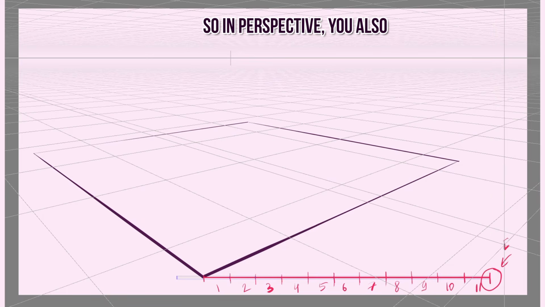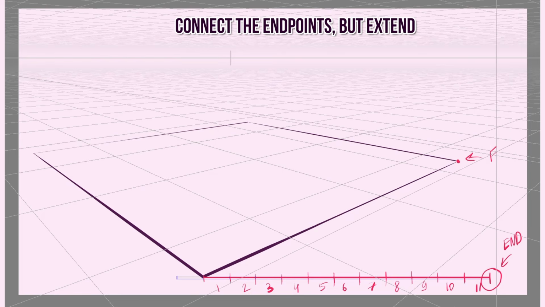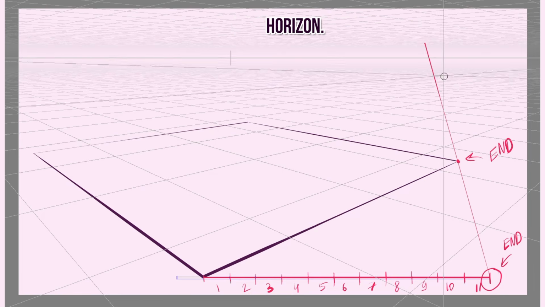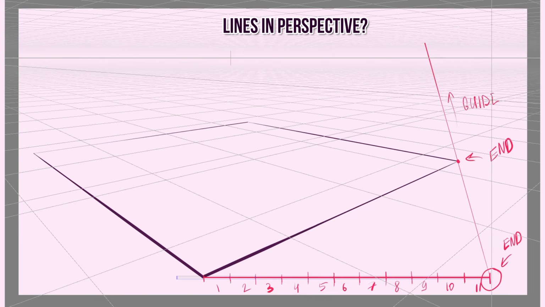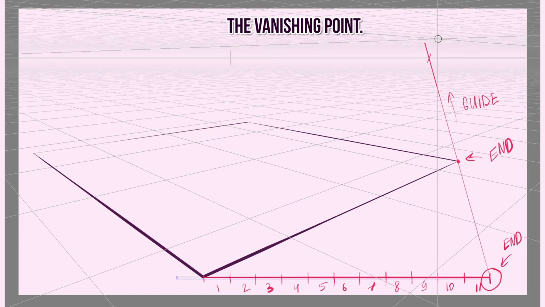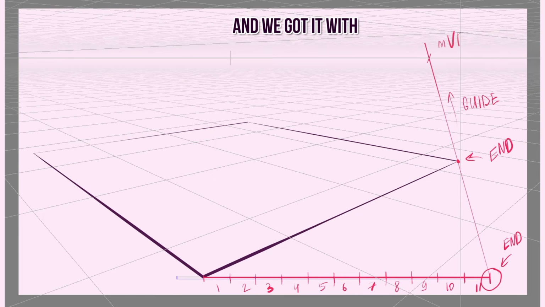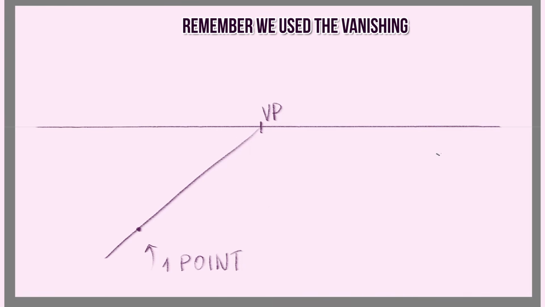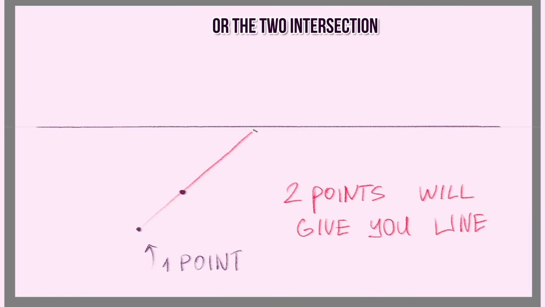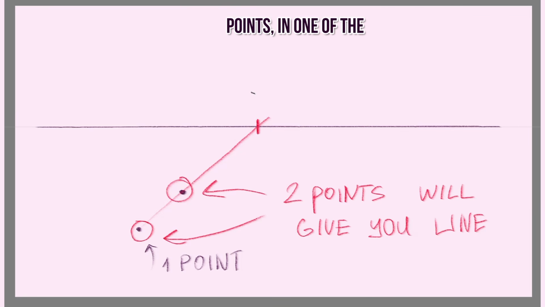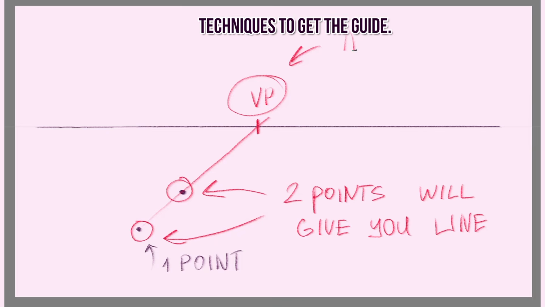So in perspective, you also connect the endpoints, but extend the line up to the horizon. And how to get parallel lines in perspective? That's right, use the vanishing point. And we got it with the first line. Remember, we used the vanishing point and the intersection point, or the two intersection points, in one of the techniques to get the guide.